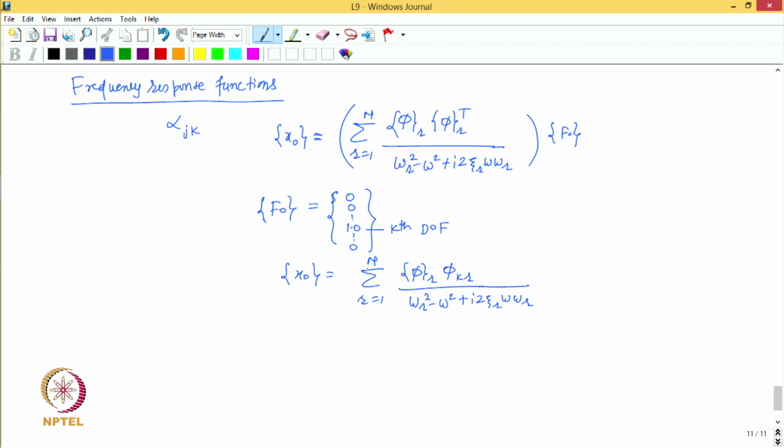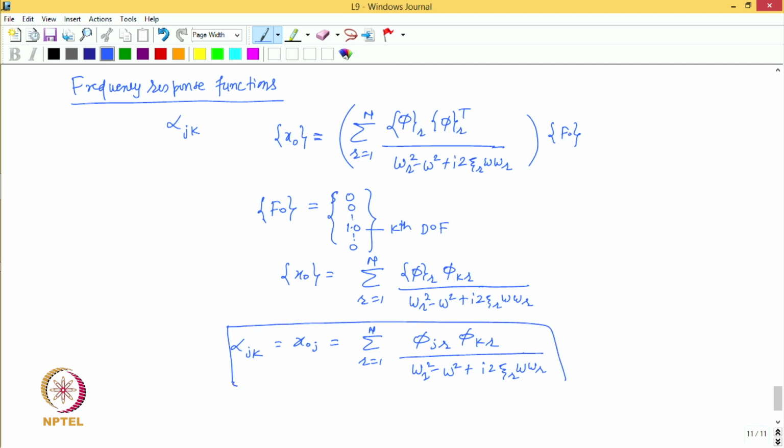Since we are interested in the response at the j degree of freedom, that response can be extracted from here, which we can call x naught j, and that can be simply written as: the jth element of this eigenvector needs to be picked up. So, phi j r phi k r upon omega r square minus omega square plus i 2 zeta r omega r, and this is the response to the force at the k degree of freedom with unit amplitude, and hence this must also be the frequency response function alpha j k.